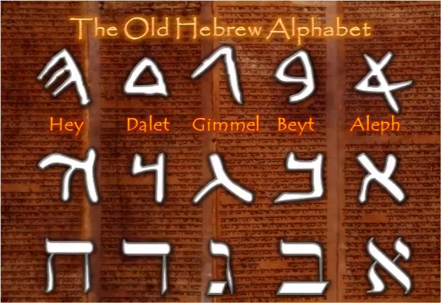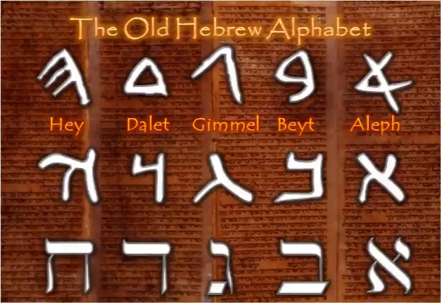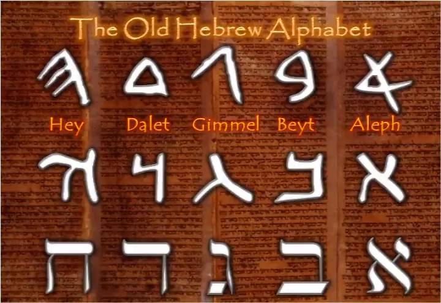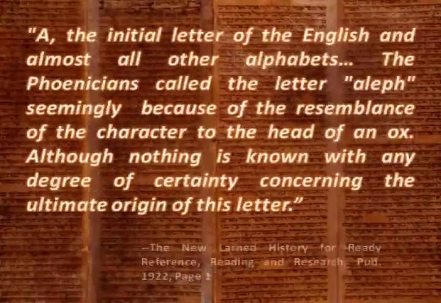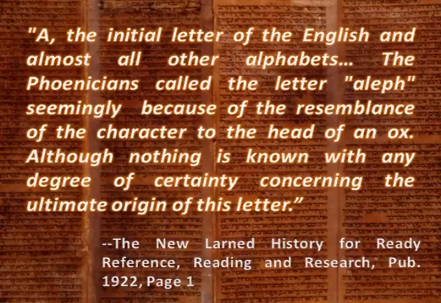By the end of the 19th century, the translation of the Semitic alphabet was well established. The only mystery was the origin of this alphabet, as mentioned in the 1922 The New Learned History for Ready Reference, Reading and Research, in its entry for the letter A. "A, the initial letter of the English and almost all other alphabets.